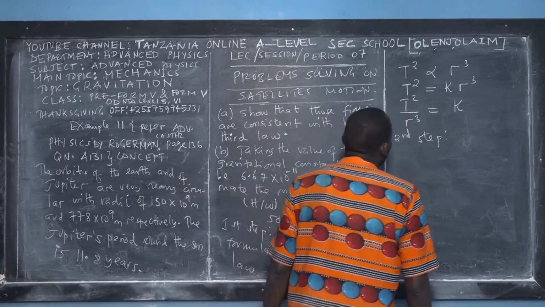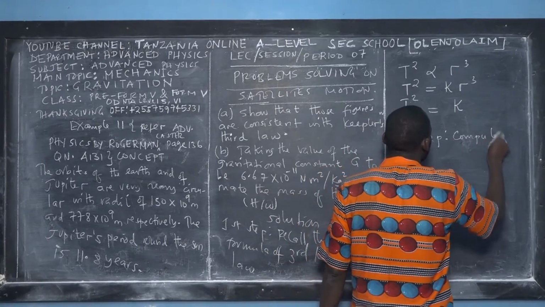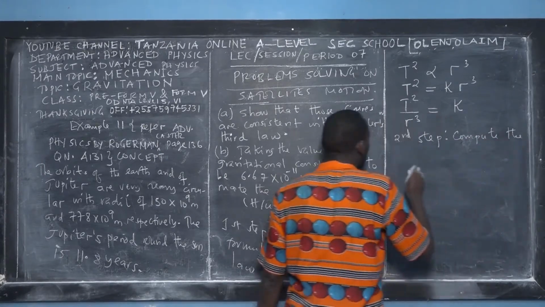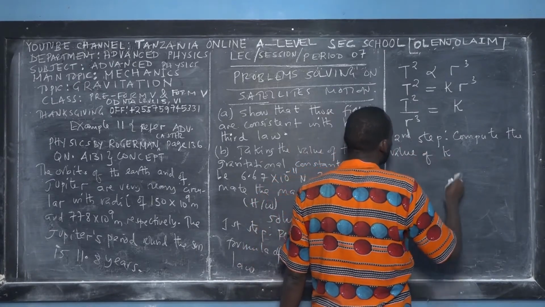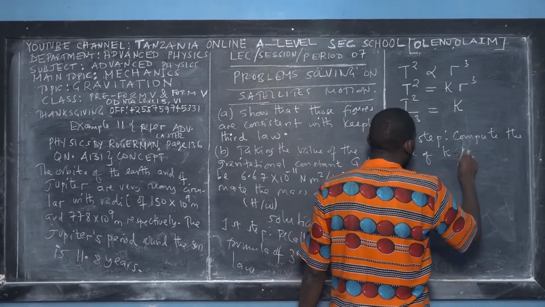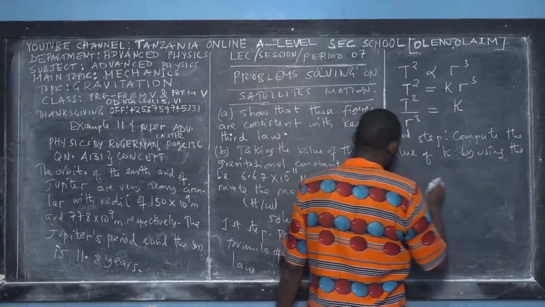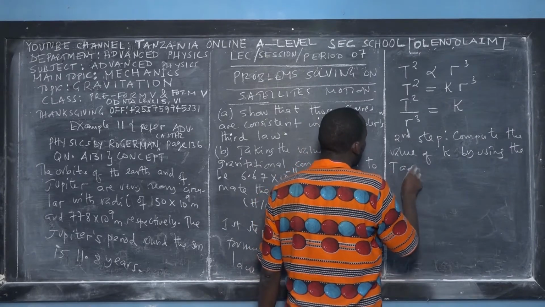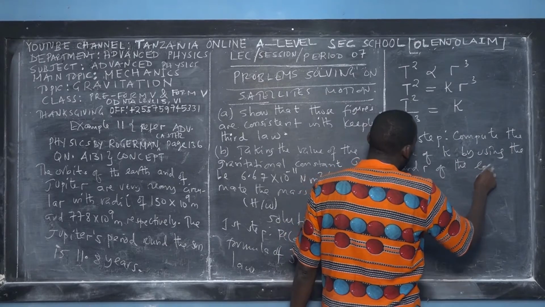So the second step: compute the value of the proportionality constant using the period and the mean distance of the Earth.